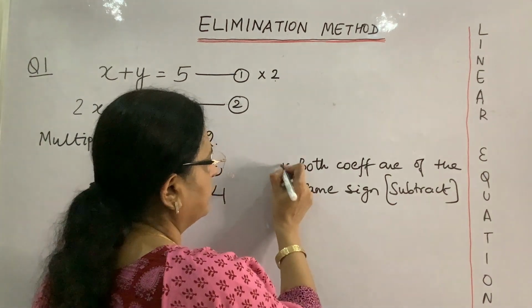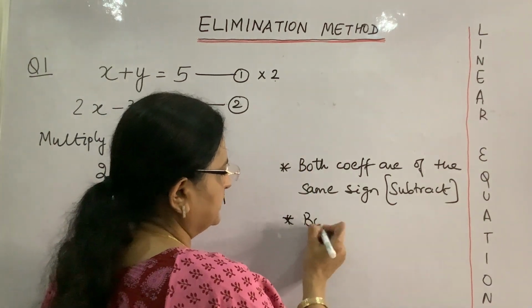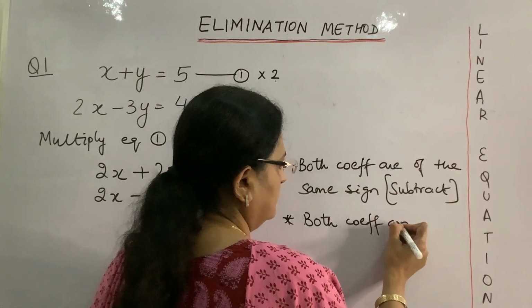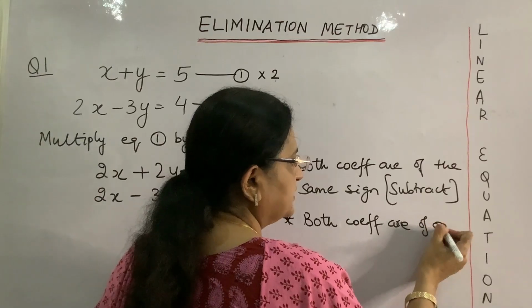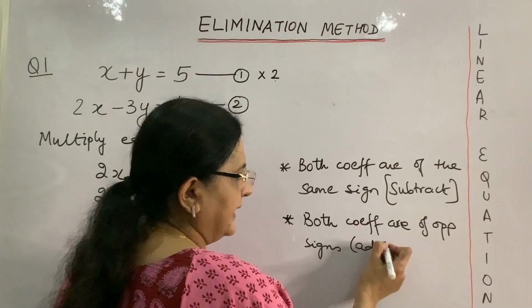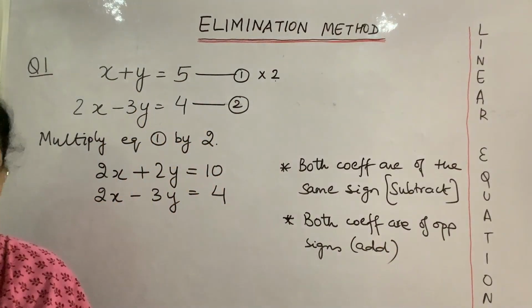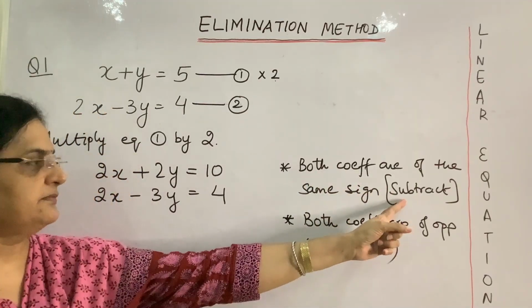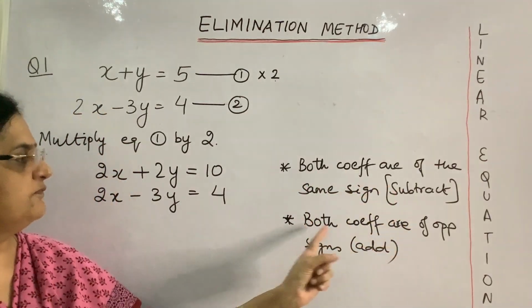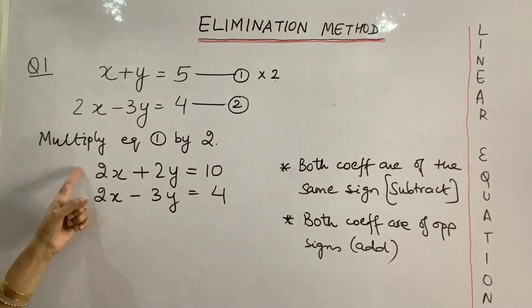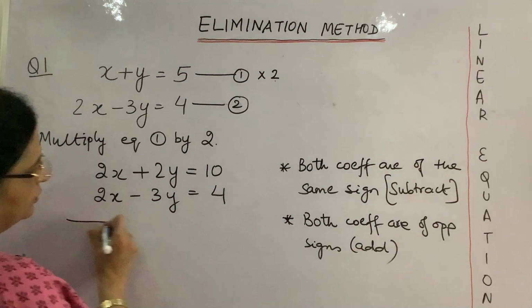And when both coefficients are of opposite signs, you will add the equations. This is one important tip I am giving you. So if both the coefficients are of the same sign, subtract the equations, and if both coefficients are of opposite signs, add the equations.